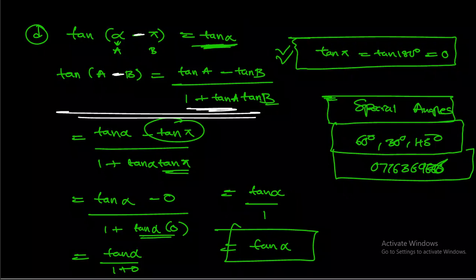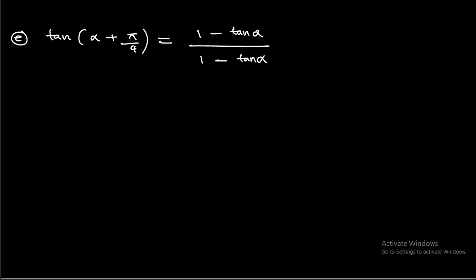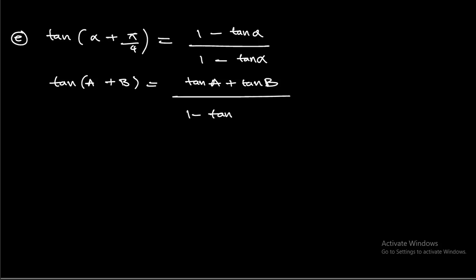But when we are adding, with the same identity, we just change the sign: on top we're going to have plus, and you are going to have negative below. So tan of A plus B is equal to tan A plus tan B, over 1 minus tan A tan B. Very simple.